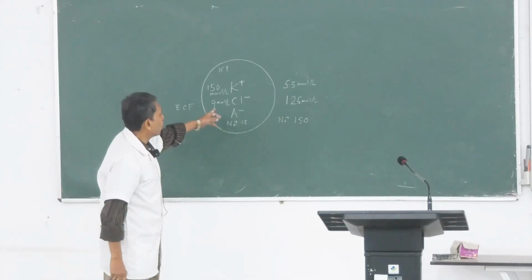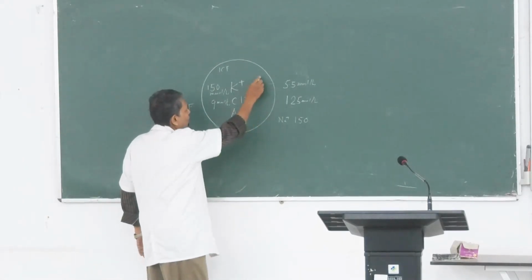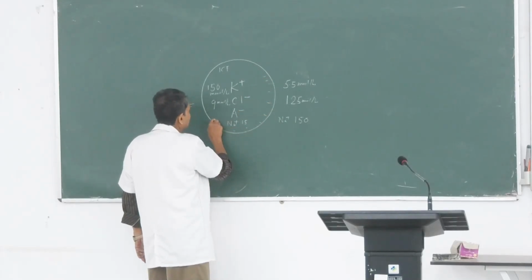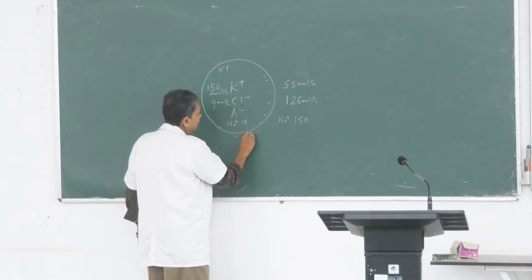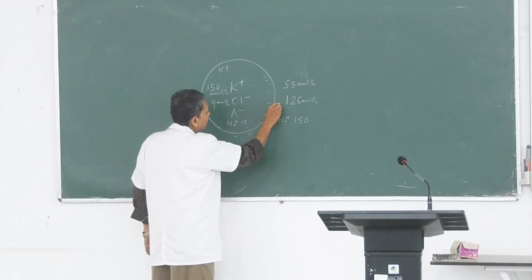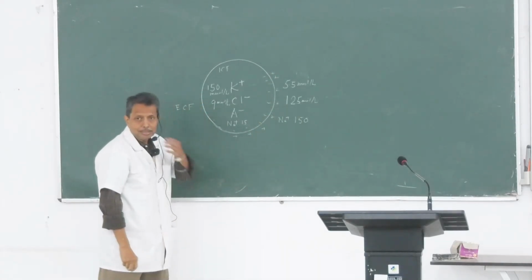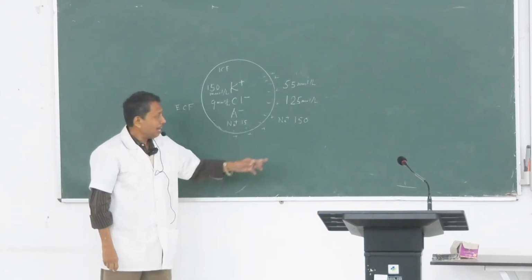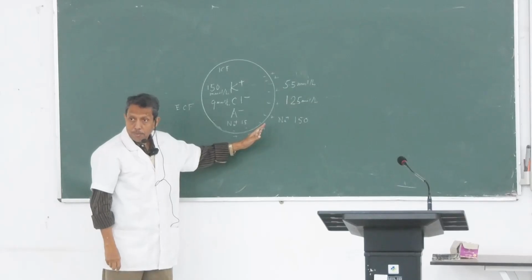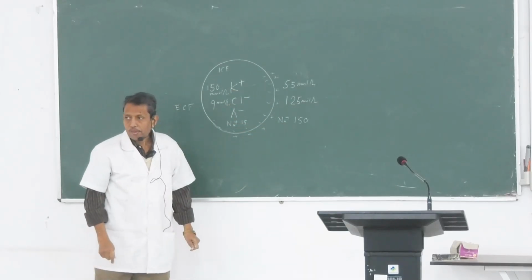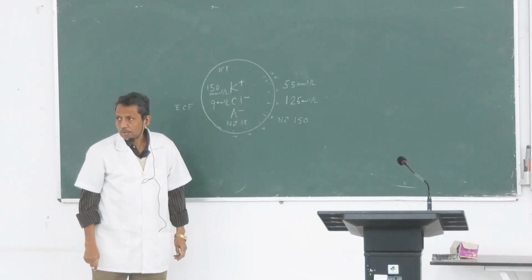Now, normally what is found at this membrane level is some charge difference, and this separation of charges only across the membrane. Everywhere else there is equal distribution of charges.